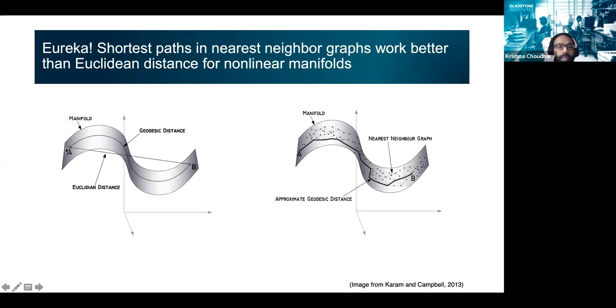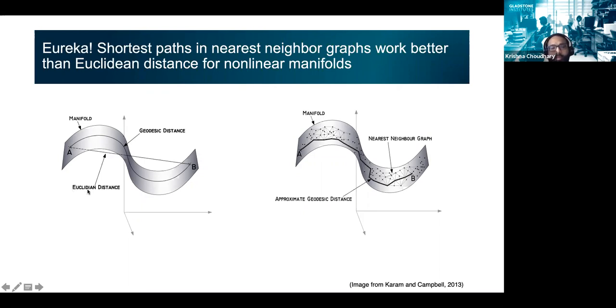So the idea is that if cells are the data cloud, and it is structured in a nonlinear way, then when we are measuring distances between any two points or cells, we cannot measure them along straight lines, which is the classical approach of measuring distance in classical geometry, which we have inherited from the ancient Greeks.